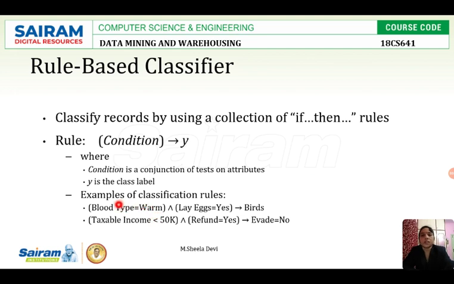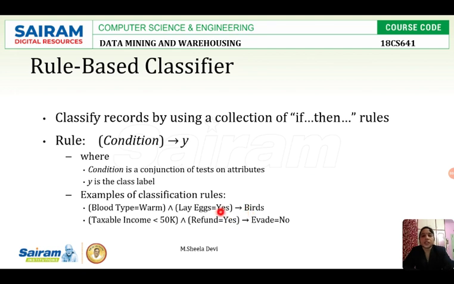Yes. Examples of classification rules. Here we have taken blood type equal to warm, and the conjunction can be and, or, not, anything you can use. So if blood type is warm and it lays eggs, then it is birds. So bird is nothing but the class label here, and these are all conditions, a combination or set of conditions.